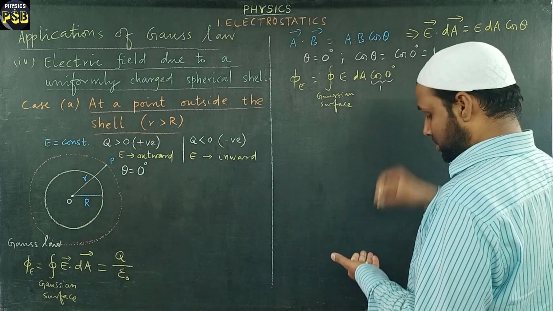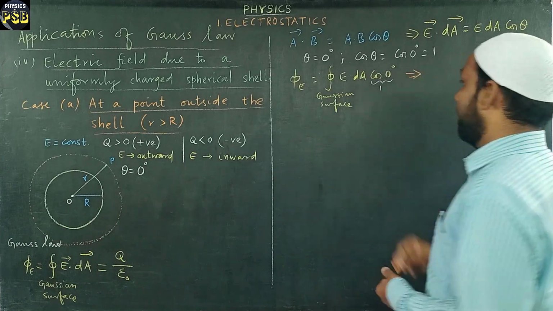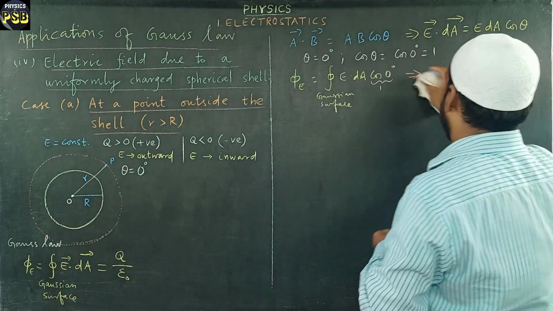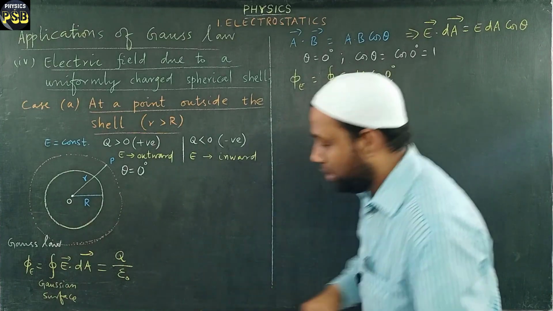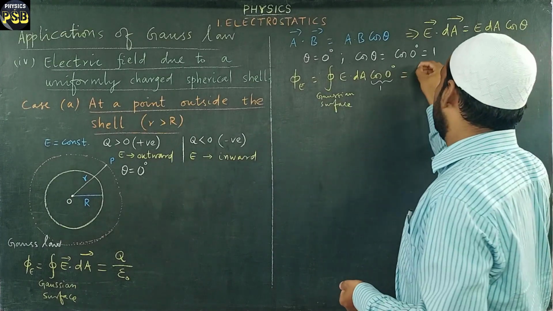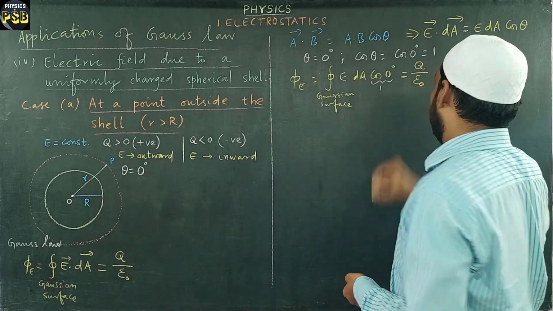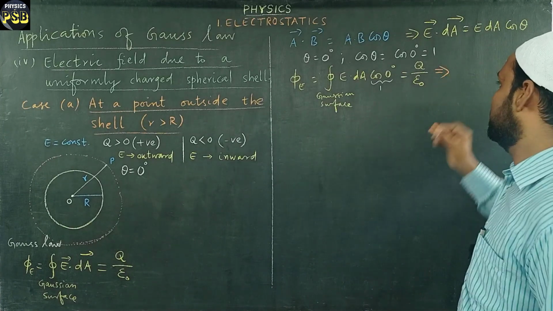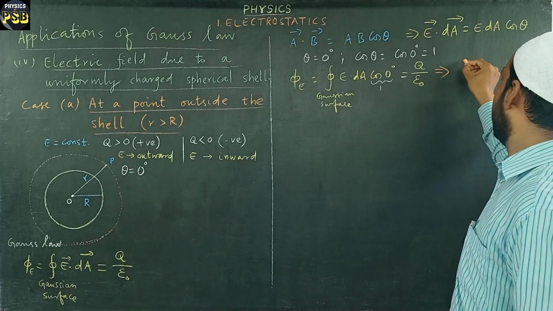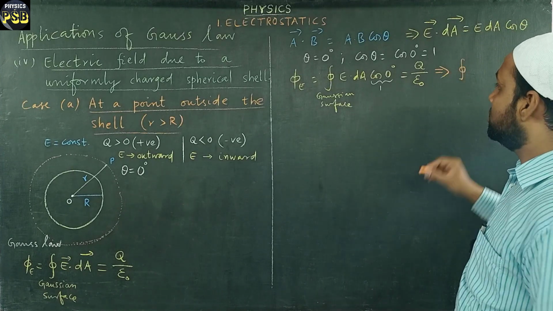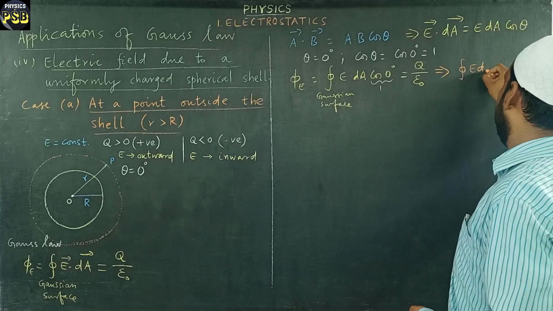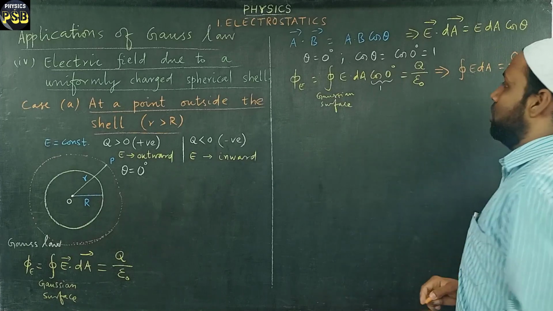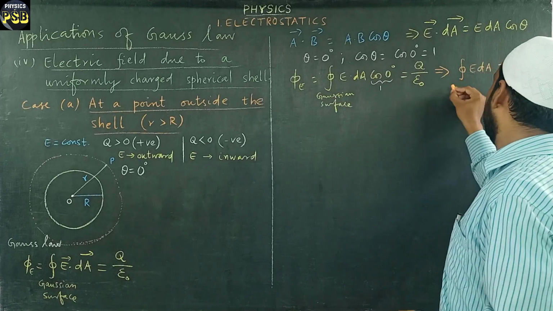Now this is equal to Q upon epsilon naught. This can be represented as closed integral of E dA equals Q upon epsilon naught, over the Gaussian surface.